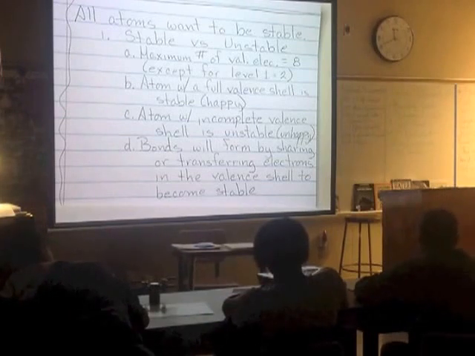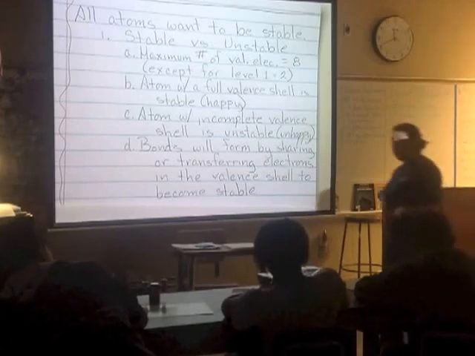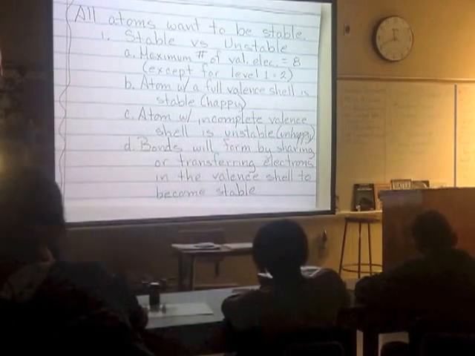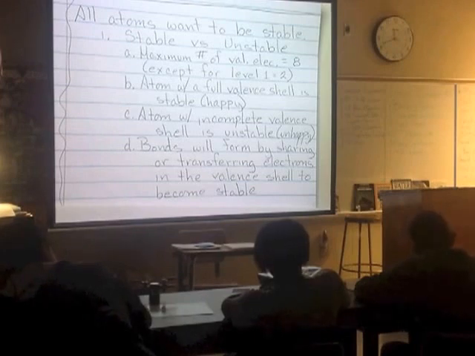It's not happy because it doesn't have 8 valence electrons. It has 1, 2, 3, 4, 5, 6, or 7. Now, if it is an unstable atom, it is going to search out another element to become stable. And it does that by sharing or transferring electrons.